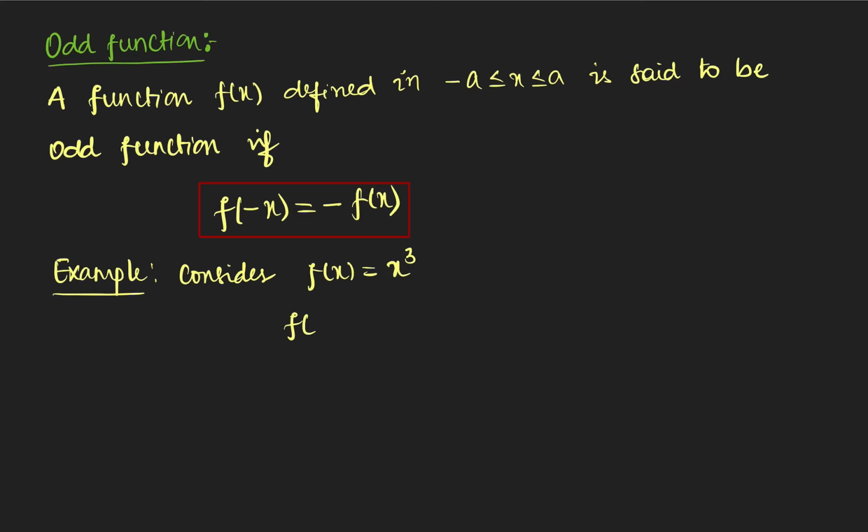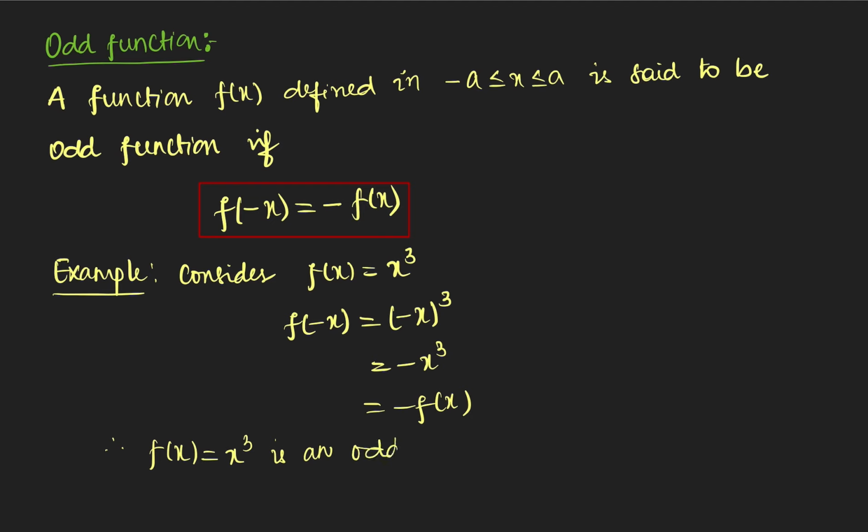If you replace x by minus x, we will get minus x whole cube. So minus x whole cube is minus x cube. So we got the negative of the function, minus f of x. Therefore, f of x is equal to x cube is an odd function.